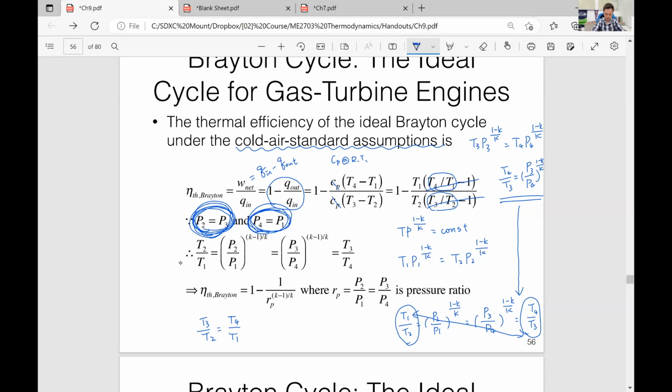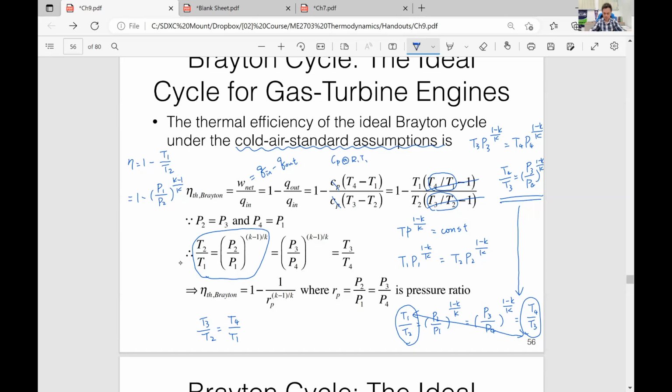The thermal efficiency becomes 1 minus T1 over T2. And T1 over T2 is P1 over P2 to the (K-1)/K.